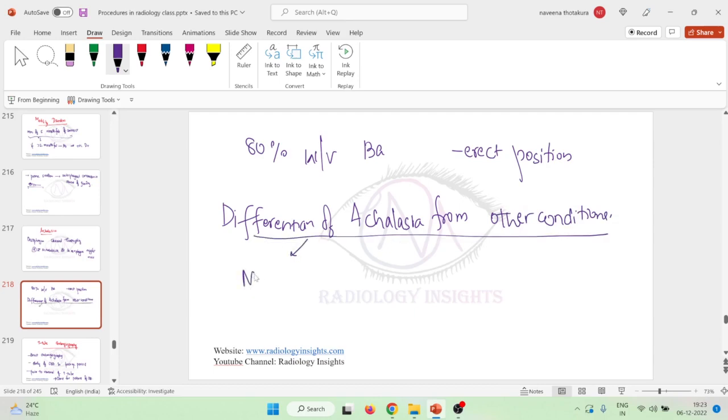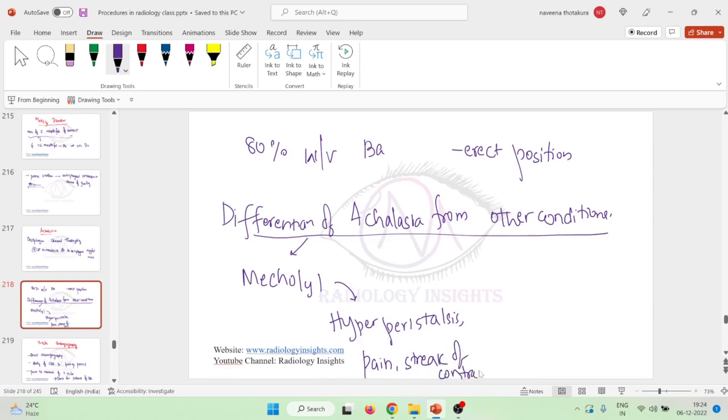One, we can administer mecholyl. This mecholyl will cause increased peristalsis, or hyperperistalsis, and because of this hyperperistalsis there can be pain or streaks of contrast entering the stomach. So this hyperperistalsis will differentiate achalasia from other disorders.